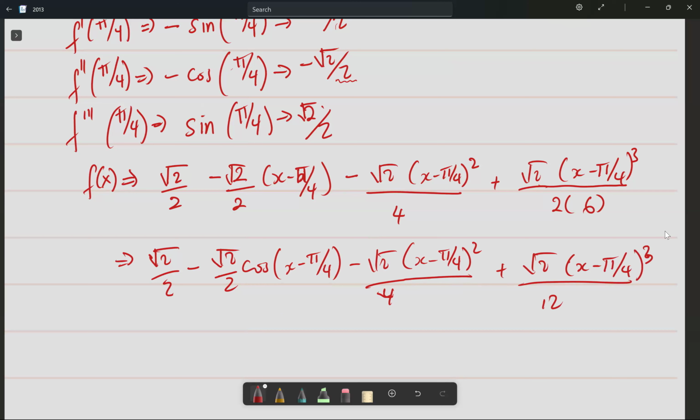Any issues with that question? Makes sense, right? Any issues? Nope. Okay. So the next part is asking us now to do an approximation.